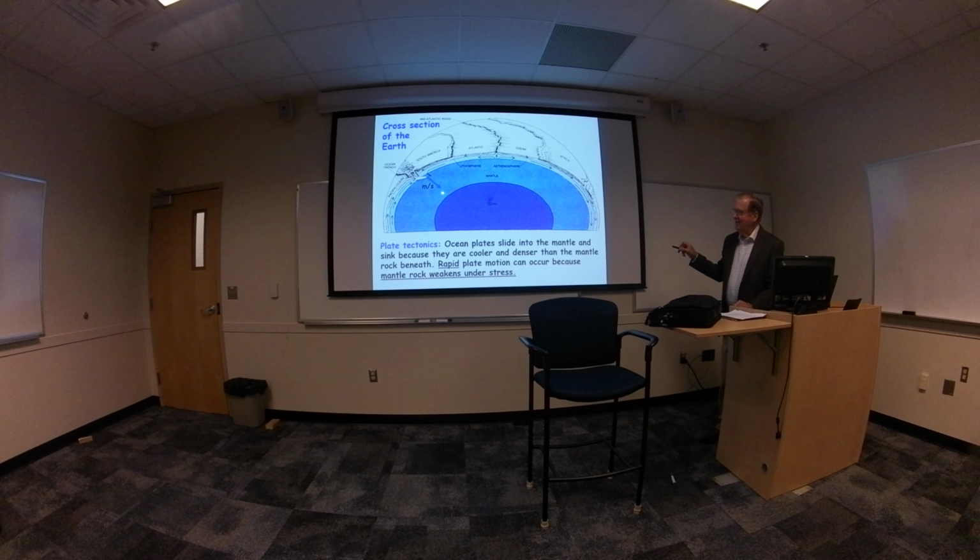An aspect that I've focused on is the fact that rapid plate motion can occur because mantle rock weakens under stress. Laboratory experiments show that that's the case. And so I've shown that almost certainly during the flood, there was a runaway sinking of the surface layer, this lithosphere, into the mantle, instead of a few centimeters per year, as is currently occurring, at speeds on the order of meters per second, which is about 1 billion times faster.